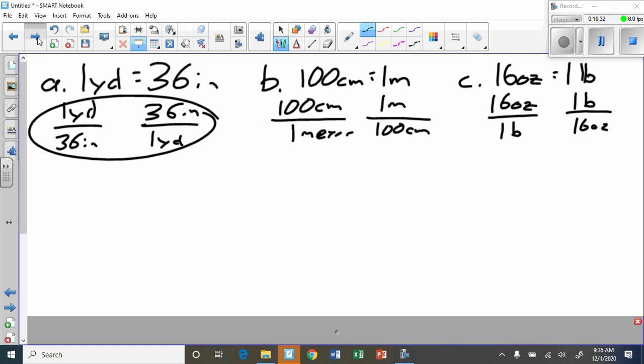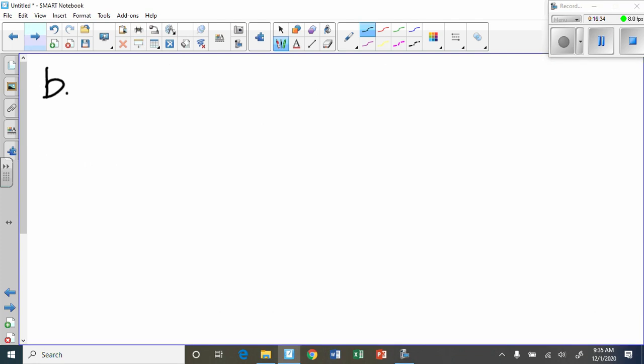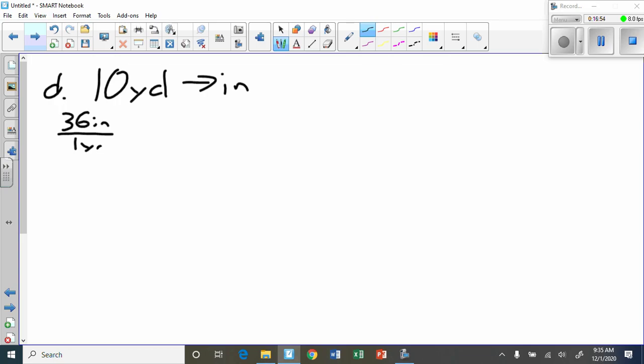So now let's look at D, as in dog. Convert 10 yards to inches. When I look at D, they want me to take 10 yards and change that into inches. In my previous problem, they told me what the relationship was. 36 inches over 1 yard or 1 yard over 36 inches.